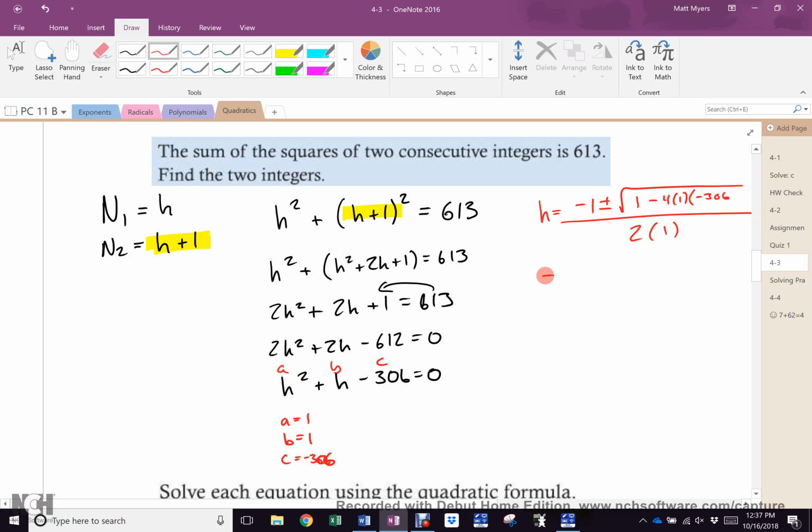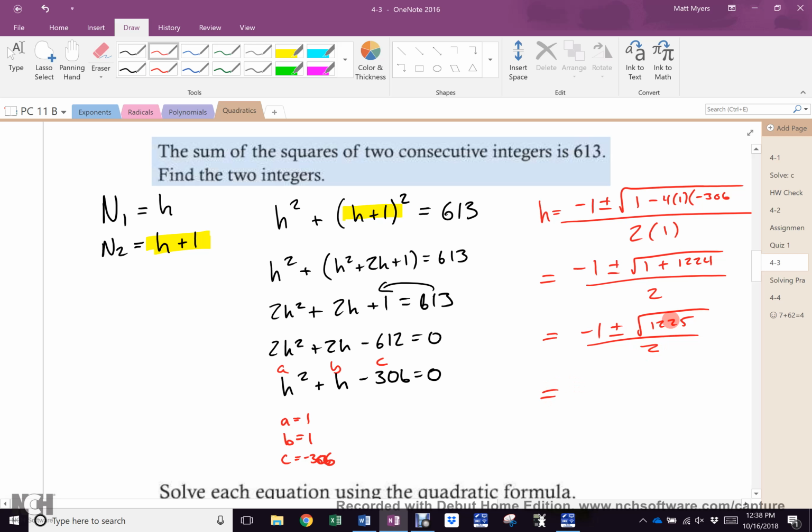1. Now I simplify. Negative 1 plus or minus the square root of 1 minus. Is it minus or plus here? Plus. 306 times 4 is 1,224, yeah? Over 2. Negative 1 plus or minus the square root of 1,225 over 2.